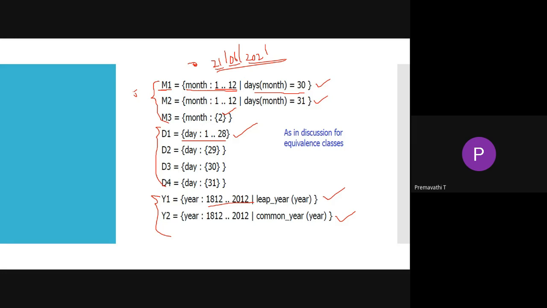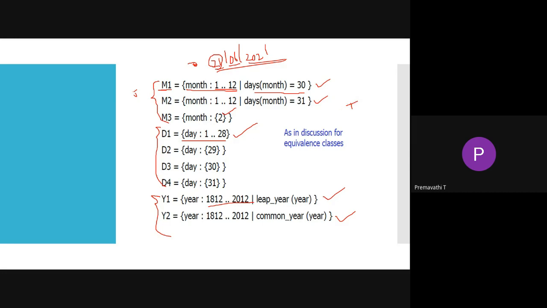When you enter the day, we check whether it falls within the conditions, for example 1 to 28, and according to that you write true or false in the decision table.